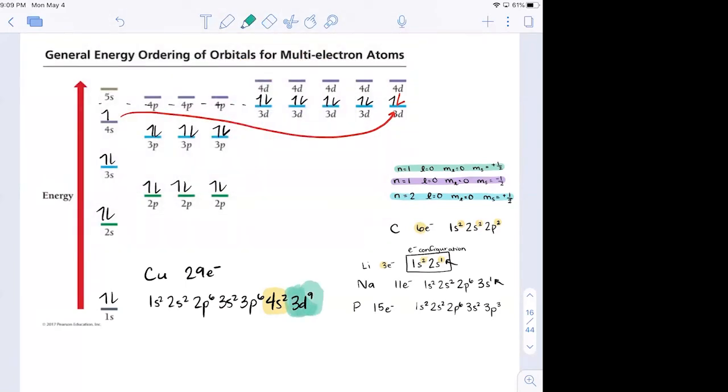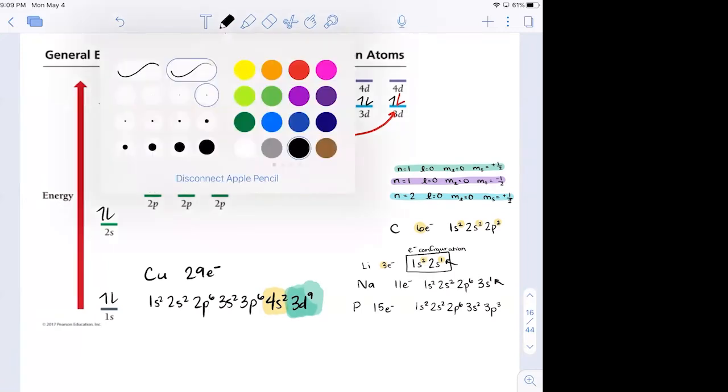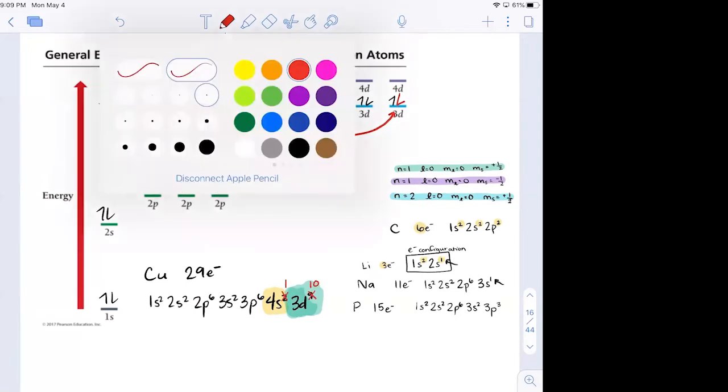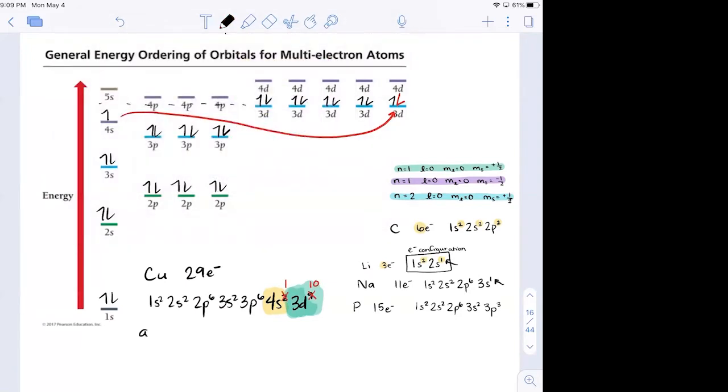Excuse me. So what happens is the 4s2 becomes a 4s1 and the 3d9 becomes a 3d10. So the actual electron configuration is 1s2, 2s2, 2p6, 3s2, 3p6, 4s1, 3d10.